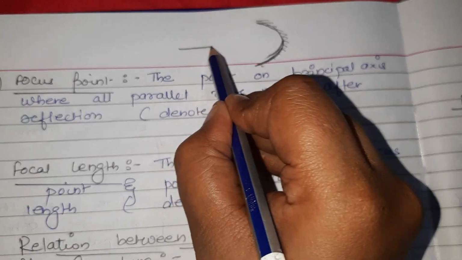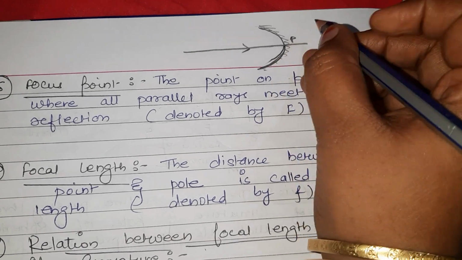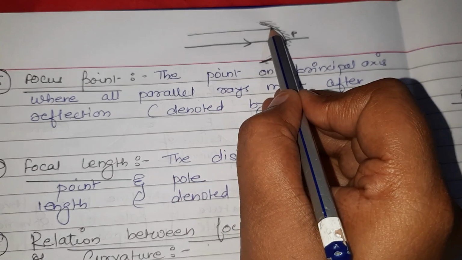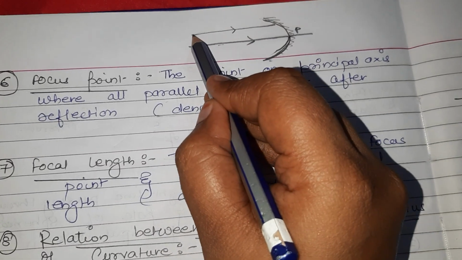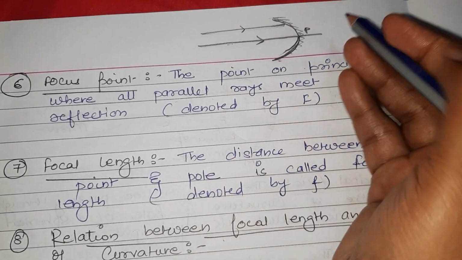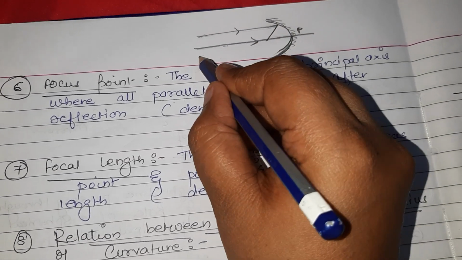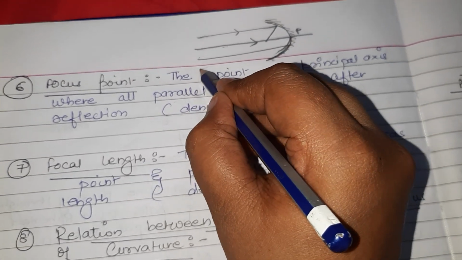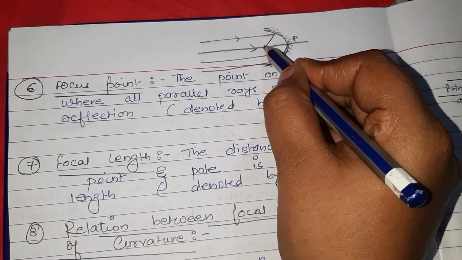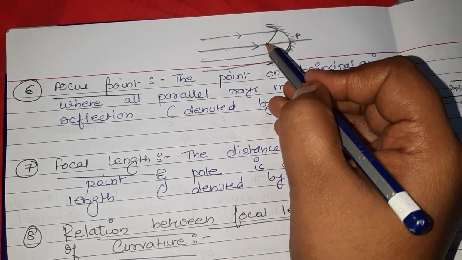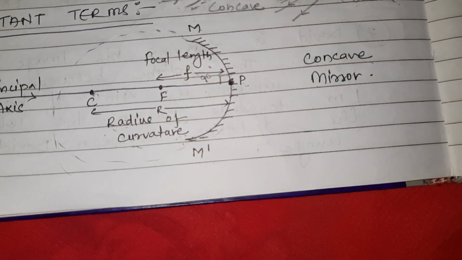This is the principal axis passing through the center, and this is the pole. When any ray of light is parallel to the principal axis, after reflection, it meets at a point. All the rays of light, all the lines will meet at a point to form an image, and this point is nothing but the focus point, which is represented by F.